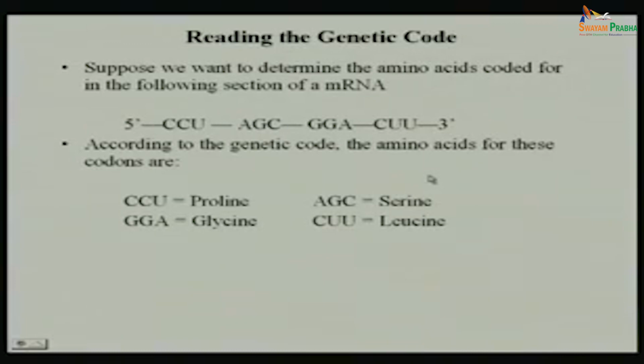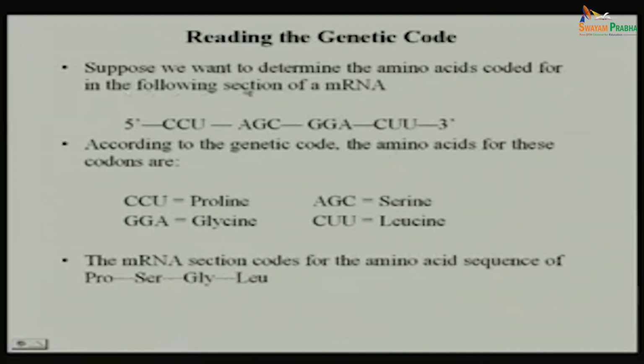Now, if we come to reading the genetic code, suppose we want to determine the amino acids coded by the following section, 5 prime CCU AGC GGA CUU 3 prime, where we know proline is CCU, AGC is serine, GGA is glycine, and CUU is leucine.